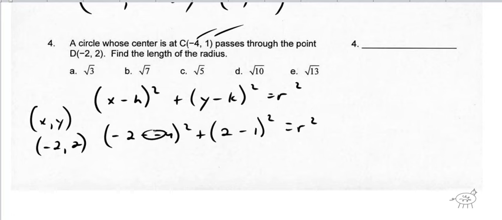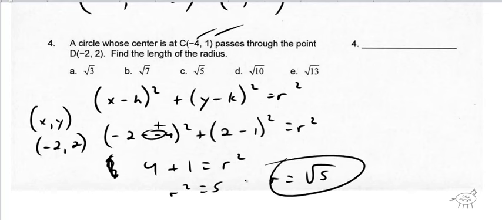So this is plus. We wind up getting -2 plus 4 is 2, squared is 4. 2 minus 1 is 1, squared is 1. So r squared is 5, so r equals √5, which is C.